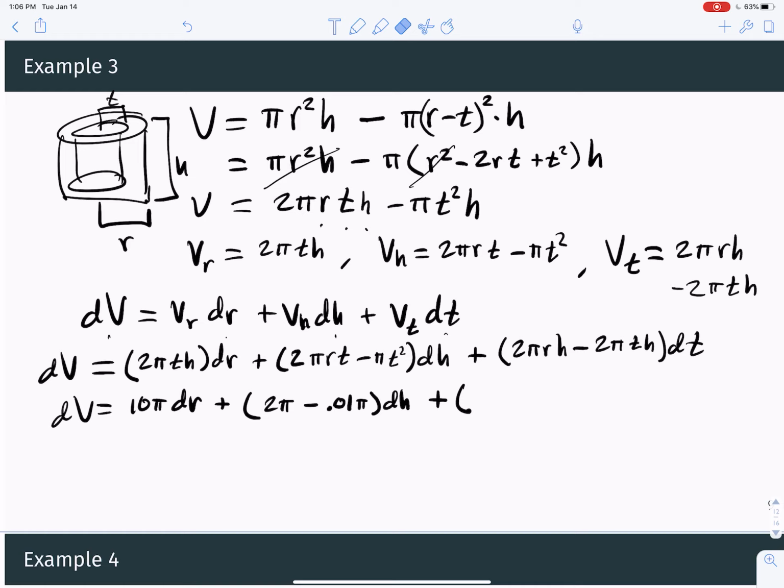So there's 1,000 pi minus, I guess this is 5 minus 10 pi dt. And I guess we could simplify this out, but we'll just leave it like that for now.